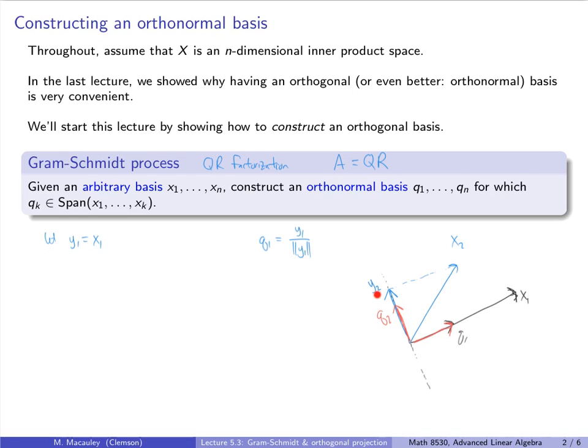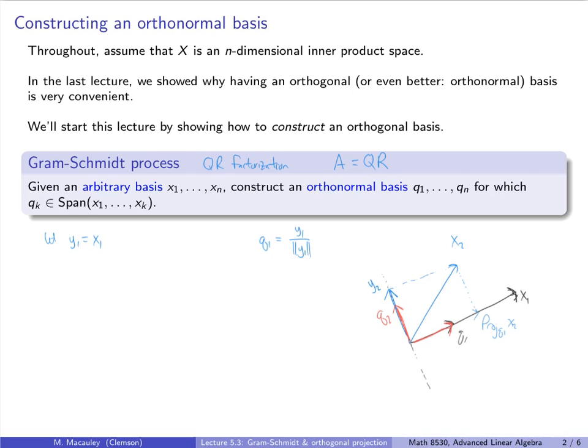Okay, so what is y2? y2 is x2 where I subtract off the component of x2 in the x1 direction. In other words, if I project x2 onto, I'm going to say q1, because q1 is the normal vector there.